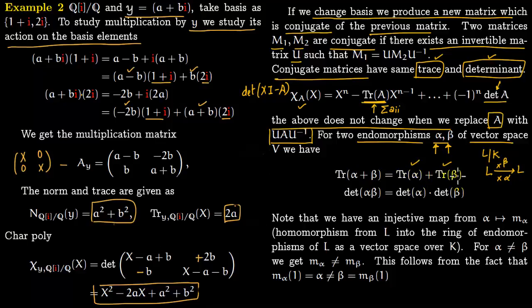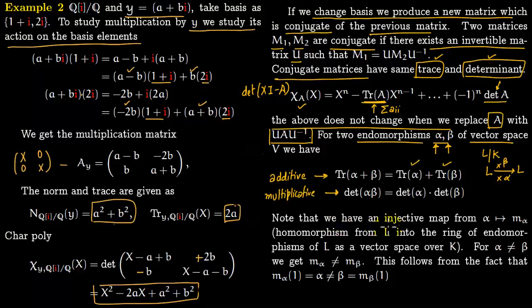So trace is additive. As you can see, just taking two matrices, whether you sum up the diagonal entries before you add the two matrices or after you add the two matrices, it is going to remain the same. So trace is additive. And since you have this property of determinants, the determinant of alpha beta is the determinant of alpha times the determinant of beta, you can see the norm is multiplicative.